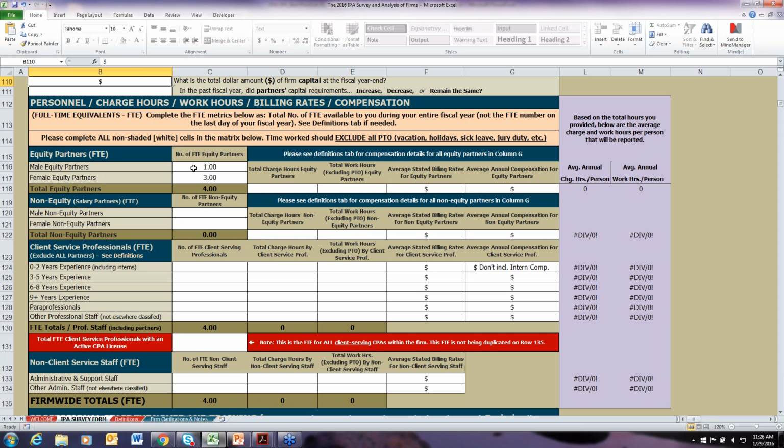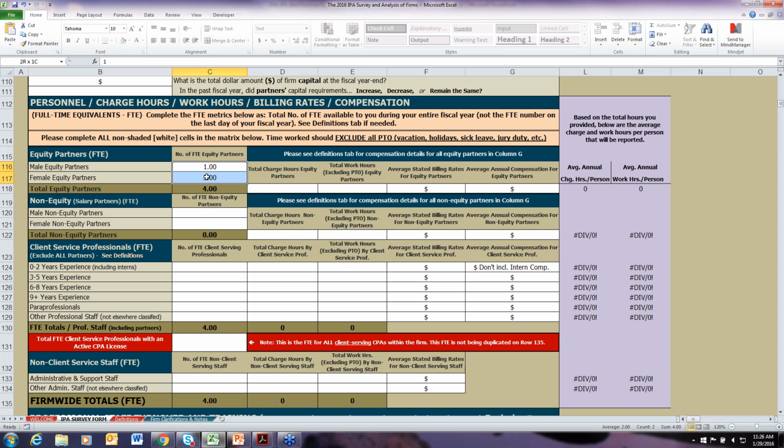If you have a full-time person that started July 1st, for instance, they would be considered 0.5 FTE. If you have a full-time person who works 30 hours a week, they would be considered 0.75 FTE. If you have a partner that you admitted on October the 1st, please consider them a 0.25 FTE for your fiscal year end.